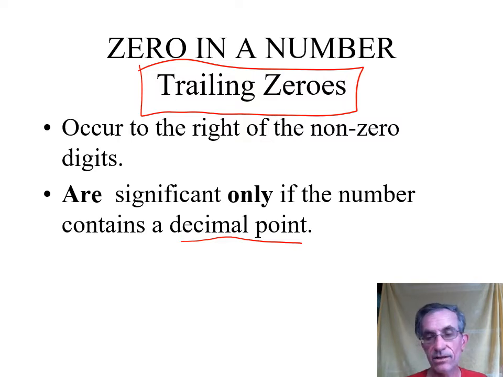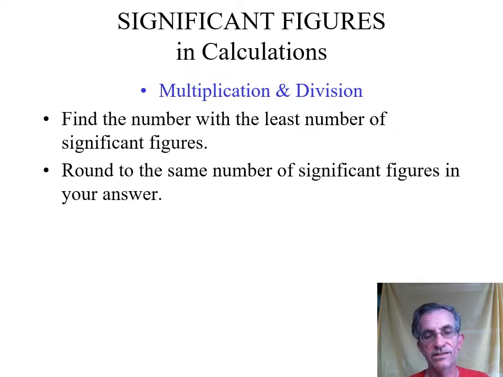All right, so with that quick review, let's look at how we can use this idea to decide how to round our answers. And there's going to be two rules for rounding that are based on these ideas. Rule number one has to do with what happens when you multiply or you divide.